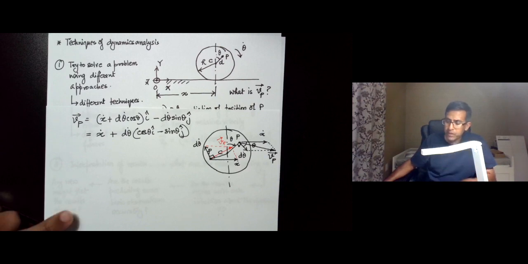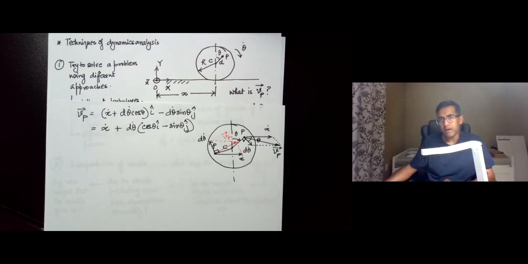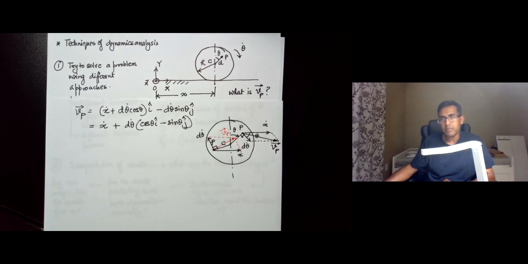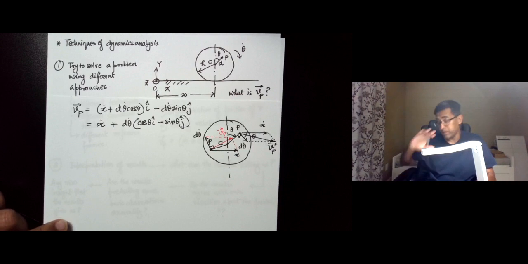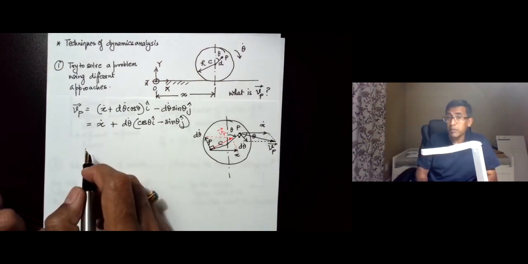So this is one insight. It is giving us a vector summation interpretation of what the velocity of P is, depending on where P is at an arbitrary instant.